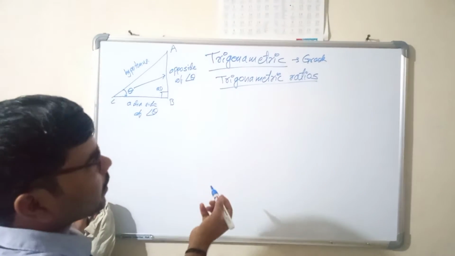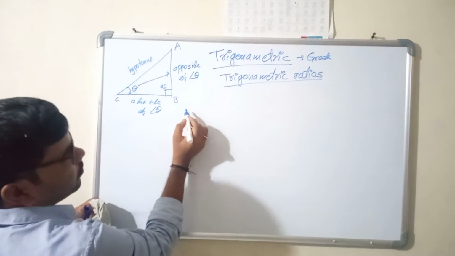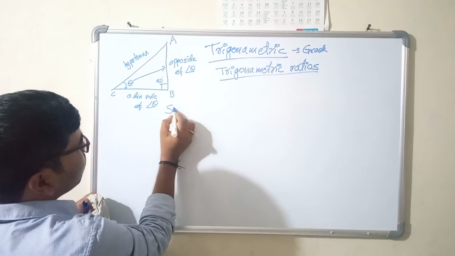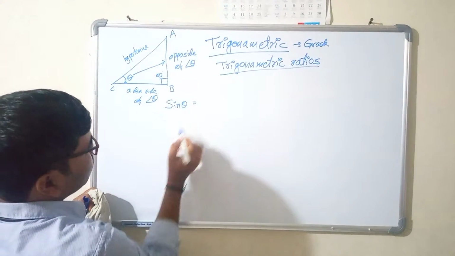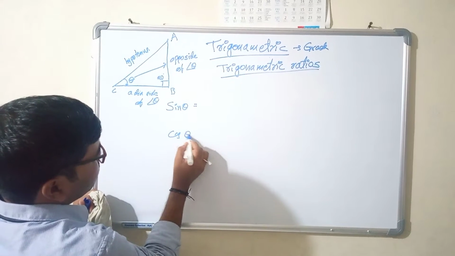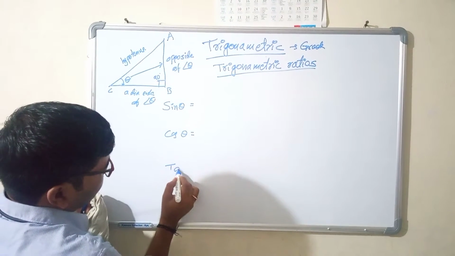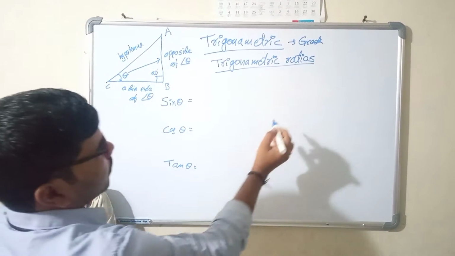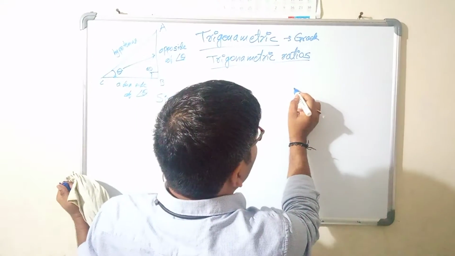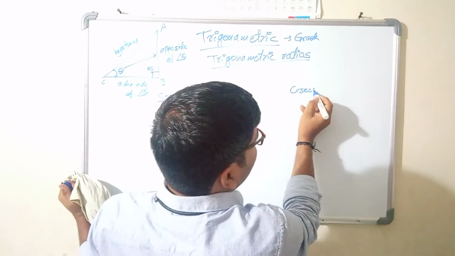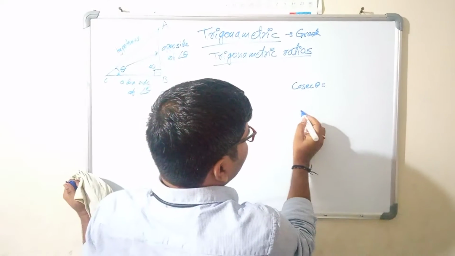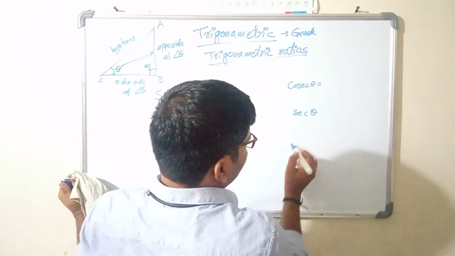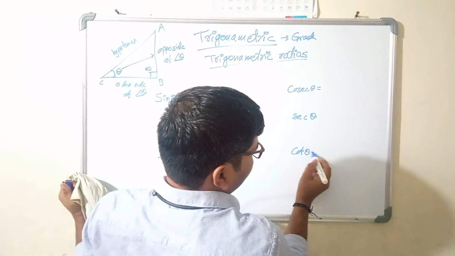We have 6 trigonometric ratios. Those are sin theta, cos theta, tan theta, cosec theta, secant theta, cot theta.